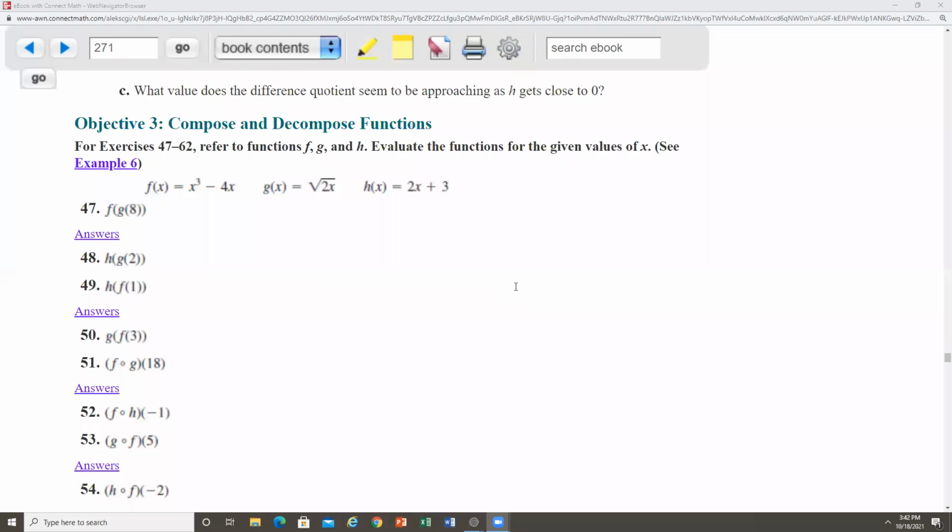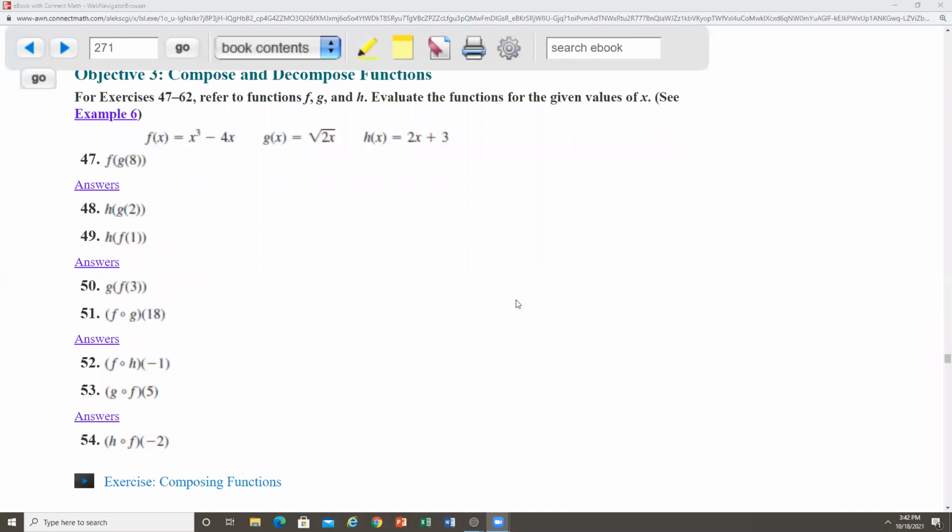All right. In problems 47 through 62 here in the textbook, they give you functions f of x, g of x, and h of x defined accordingly. And then, using the composition operator, they're going to have you find compositions of these functions and then evaluating them also. So we got a cubic function for f of x.